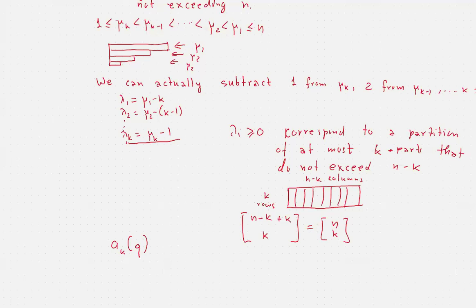Now, we also have to take into consideration that the sum of each partition has been reduced by this amount right here. Oops, sorry about this. I think I created a symbol that I cannot erase, but in any case, these numbers right here, and we know that 1 plus 2 plus all the way to k is equal to k times (k+1) over 2.